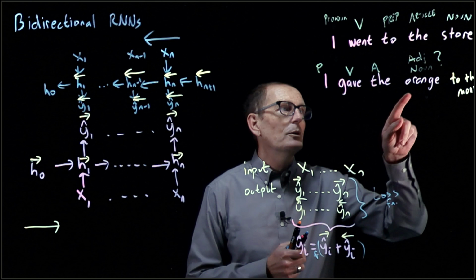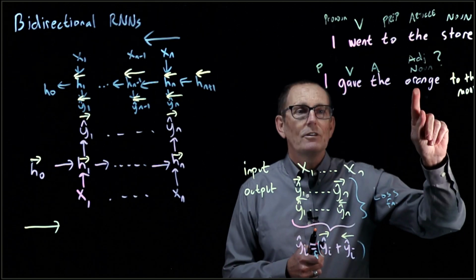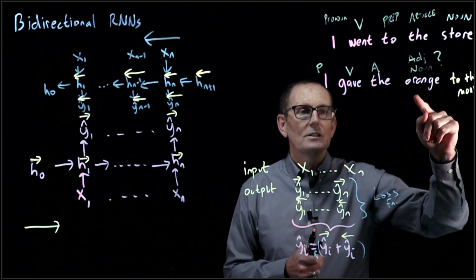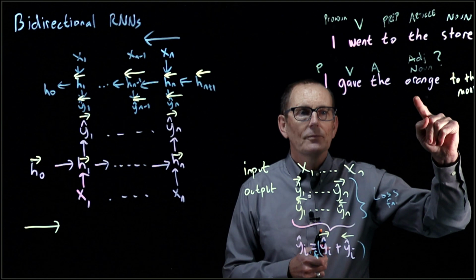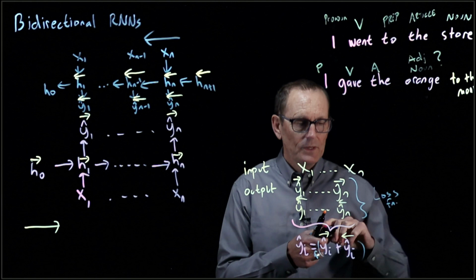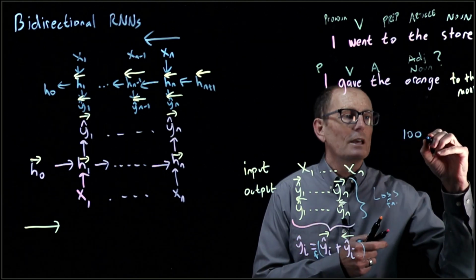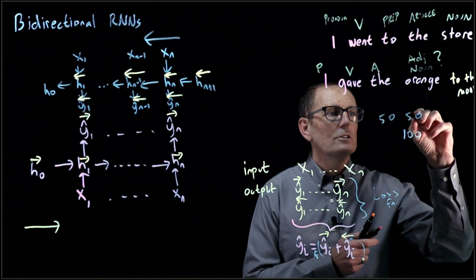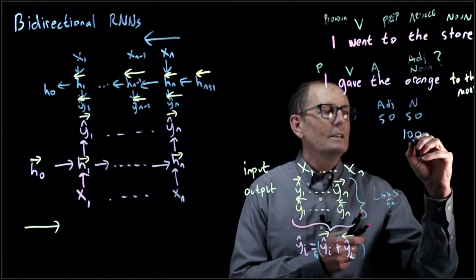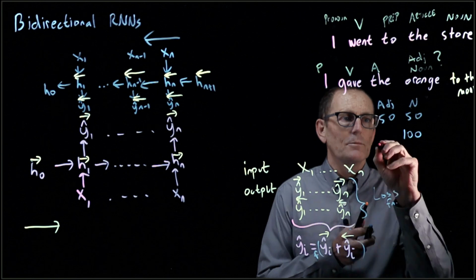So the right-going one for this one says it's 50% an adjective and 50% a noun. The left-going one says it's 100% a noun. And then we would sum them together and rescale. So the right-going one is saying 50% adjective, 50% noun. The left-going one is saying 100% noun. So then what we might do, again, is sum them together.